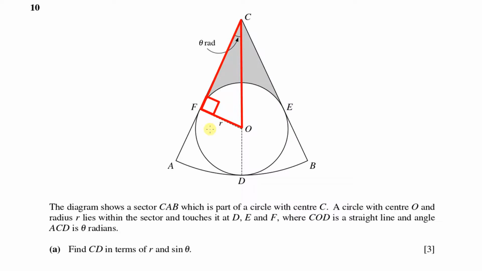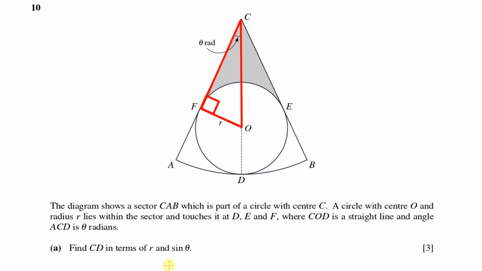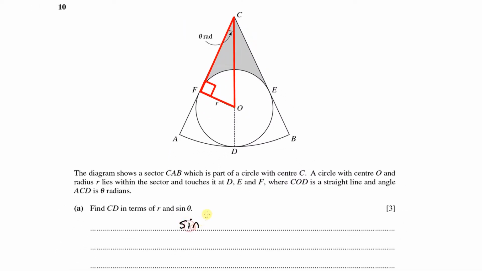Using this right angle triangle, we can say sine of the angle theta is equal to the opposite side, which is R, over the hypotenuse, which is OC, which therefore means OC comes out as R over sine theta.